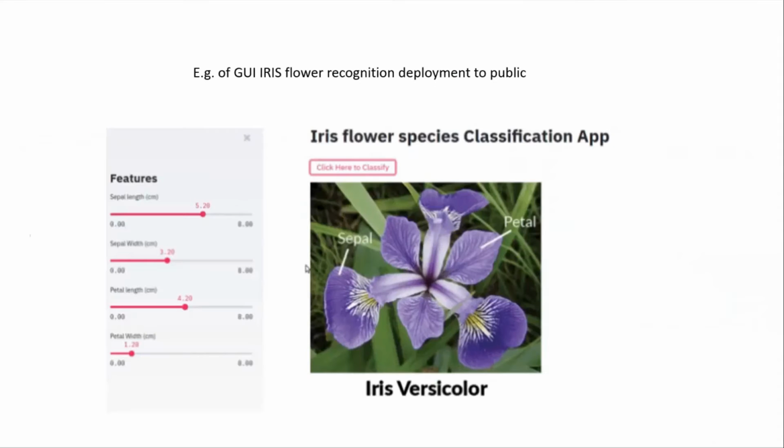So this is an example of deployment. Basically, in Iris Flower, you're going to input. So this is the input. You can drag here, or here, just to set the sepal length.